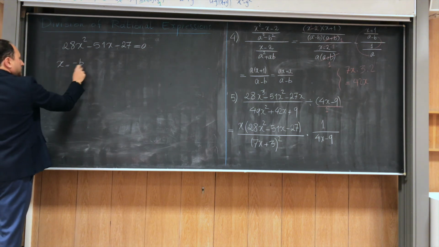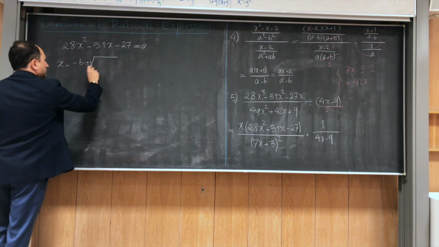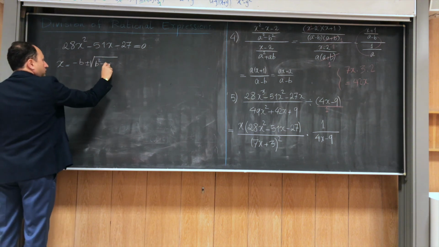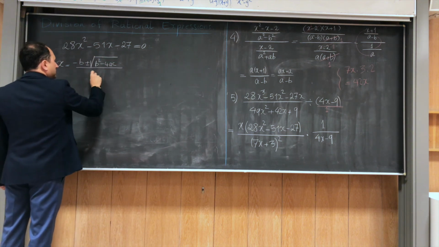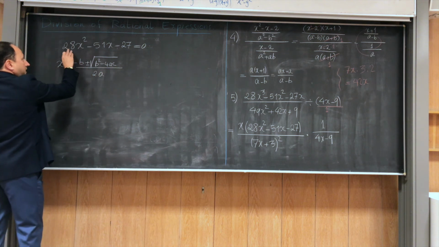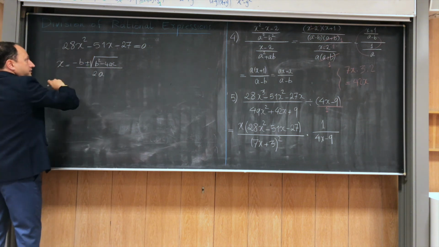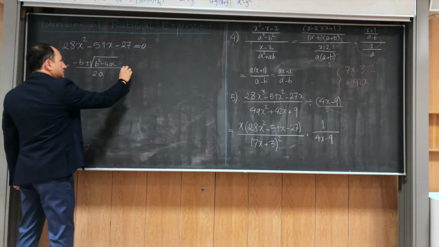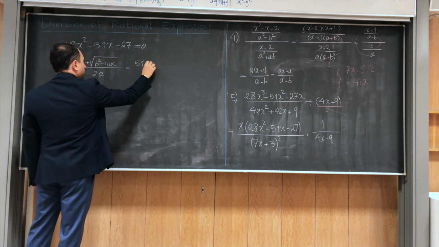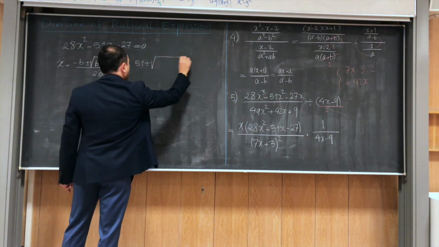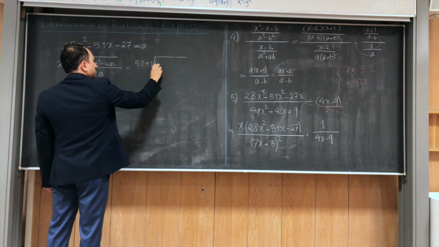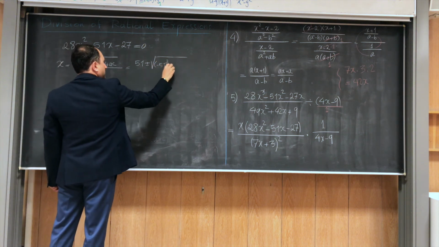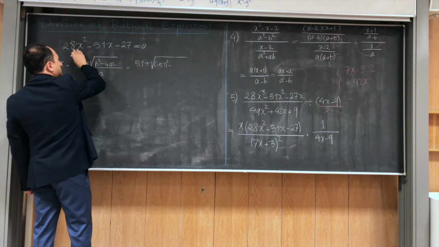It's minus b plus or minus square root of b squared minus 4ac divided by 2a, where a is 28, b is negative 51, and c is minus 27. So if you put these numbers, it becomes 51 plus or minus square root of minus 51 to power 2, and then minus 4 times this times that.